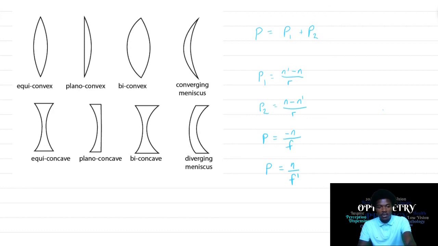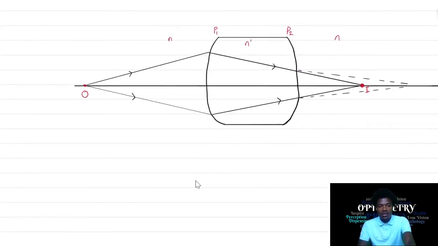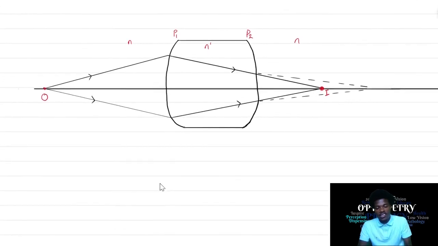So for example, let me direct you to the image of a thin lens. In this case we have the object, light being diverged from the object, light passing through now the thin lens. So we have P1. Now light is passing through P1, the first principal surface, passing through the lens of a different refractive index.